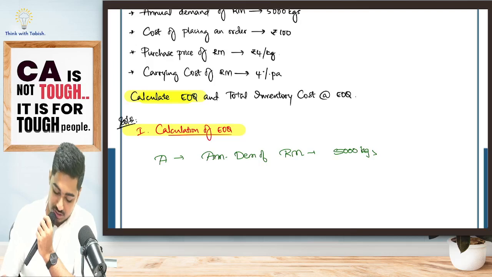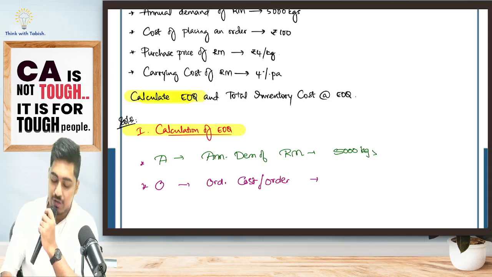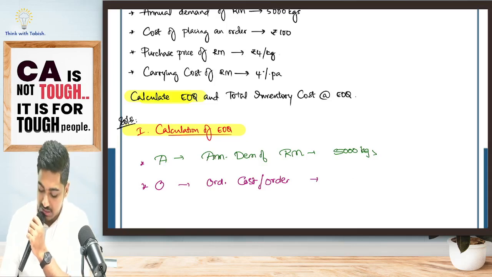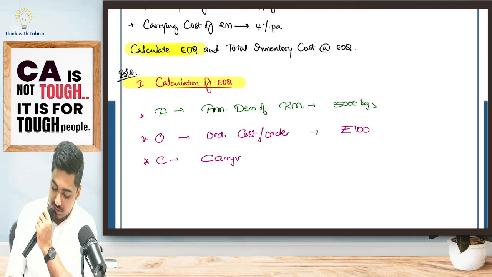Perfect. Next, I want my O. O is my ordering cost per order. To place one order, how much am I incurring? 100 rupees. Then I want C. What is C? It is my carrying cost per unit per annum.